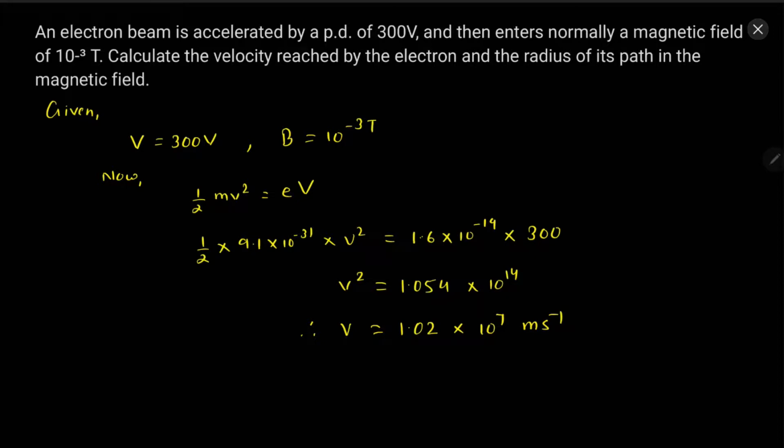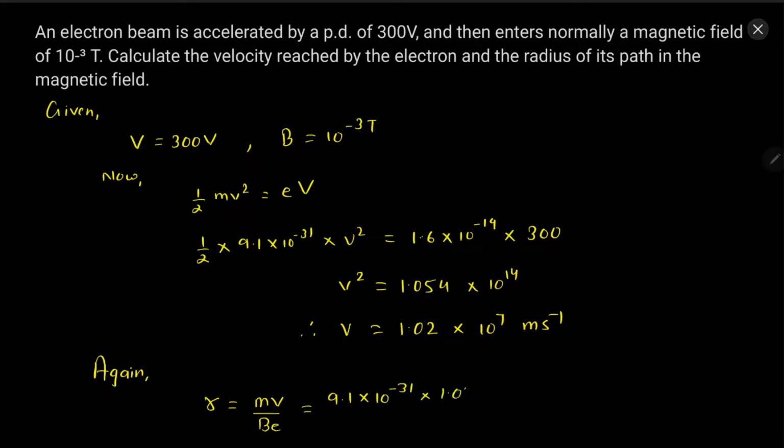As we know that if a charged particle enters normally in the magnetic field, the path of the charged particle will be circular. So the radius of the path is given by mv by Be. Mass of the electron is 9.1 into 10 power minus 31.